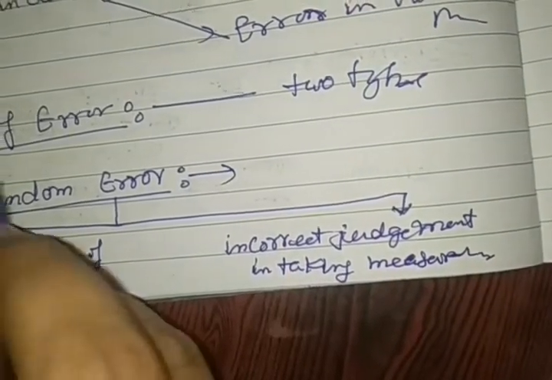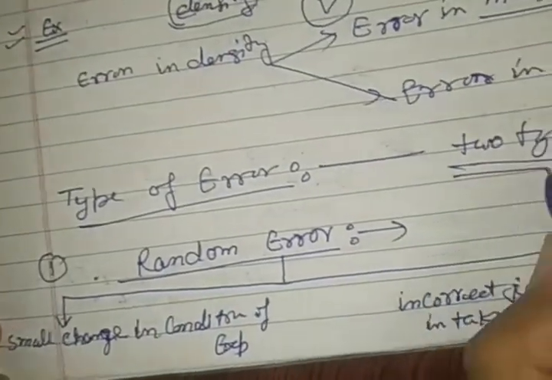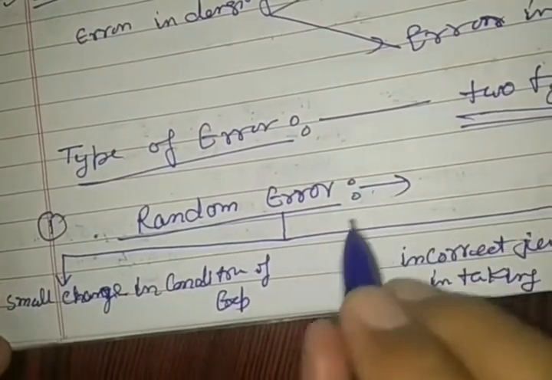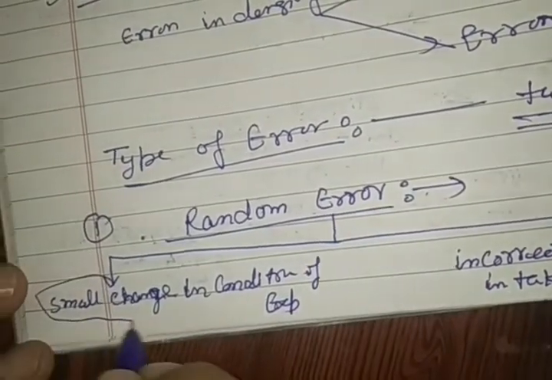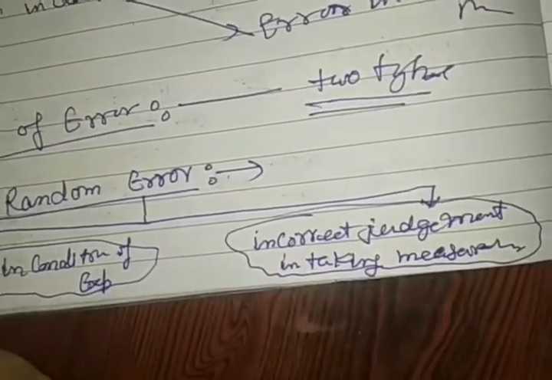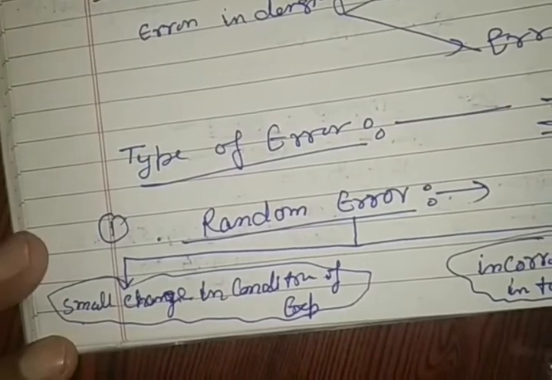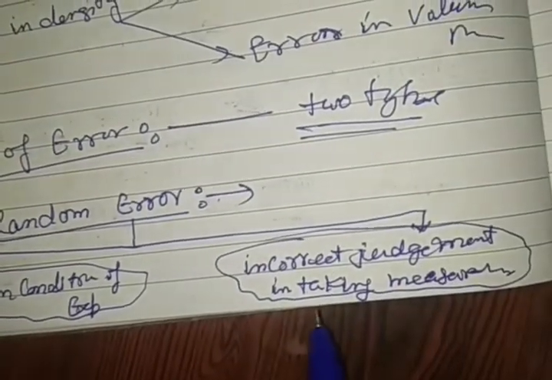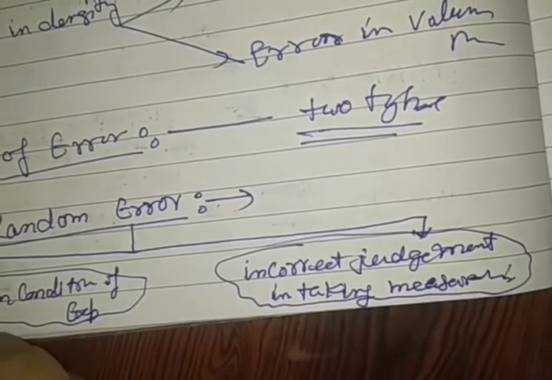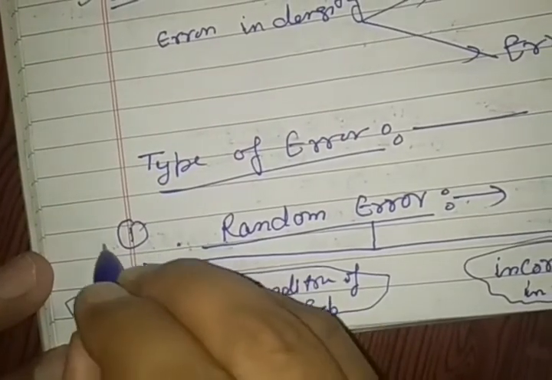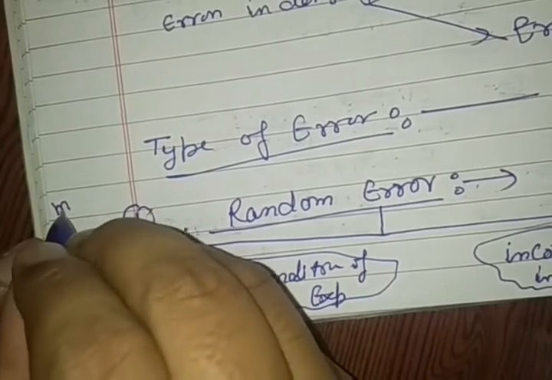So here we have two types of error. The first error we are going to look at is random error. Random error is due to two facts. One is a small change in the conditions, and second is incorrect judgment in taking the measurement. See here, a small change in the condition of the experiment. Students, you have done the meter bridge experiment, or you will do it in class.